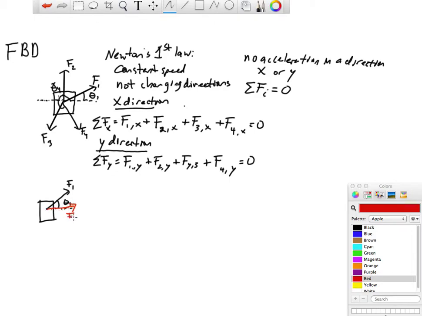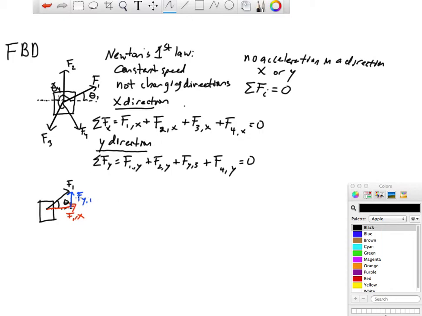This is F1x, and it also has a y direction, a y component of the force, which add up to give you the total F1. And I did this such that I flipped this 1 and y. It doesn't really matter. I'm just not being consistent.